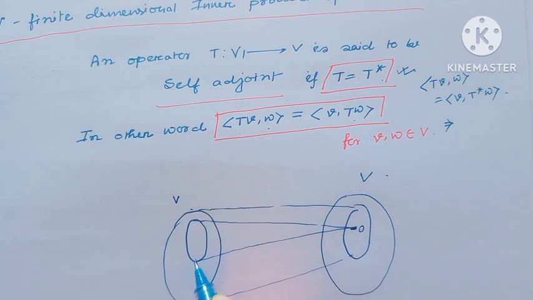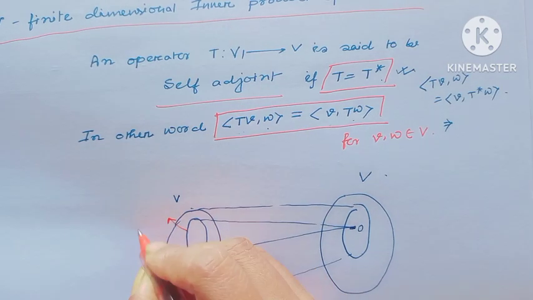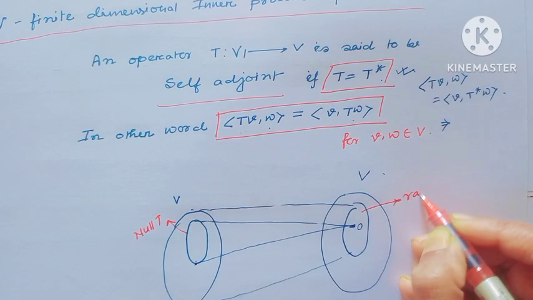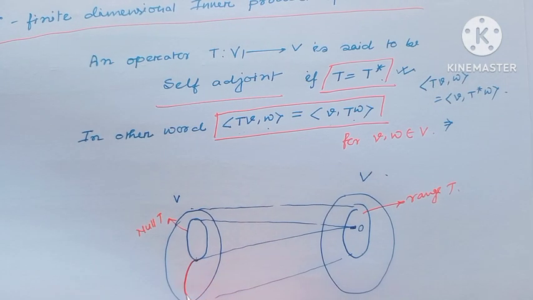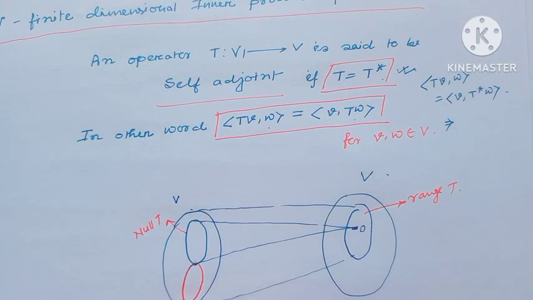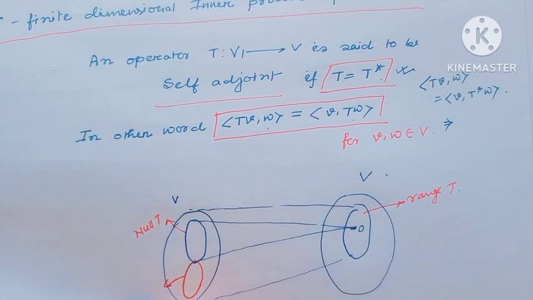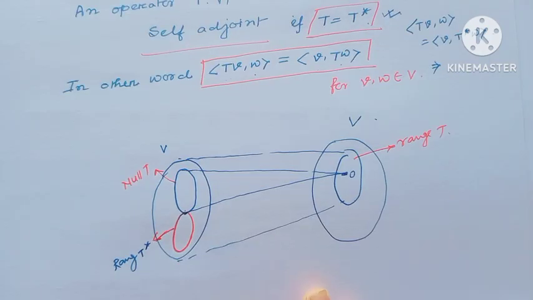This is the null space of T, this is the range of T, and this is the range of T star, which is perpendicular to the null space of T.